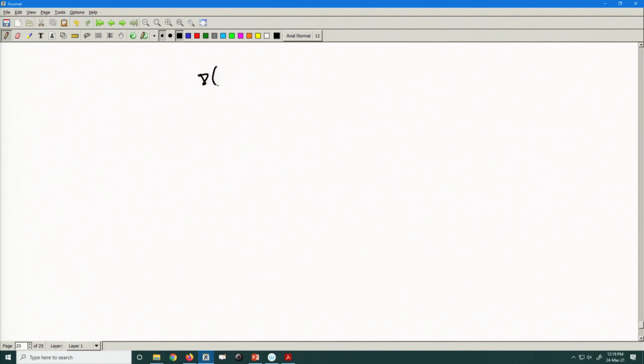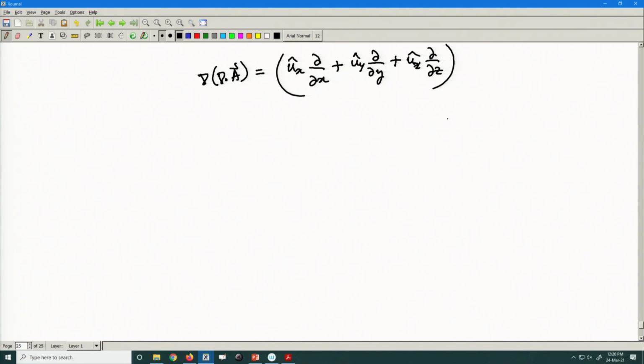Similarly, grad of divergence of A is u x del del x plus u y del del y plus u z del del z for the grad part, and the divergence A is del psi del z.